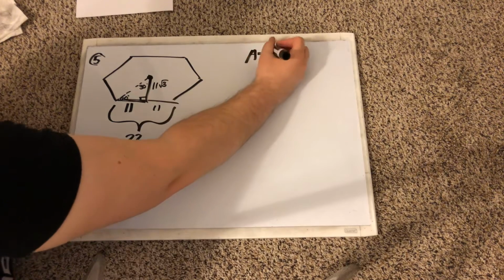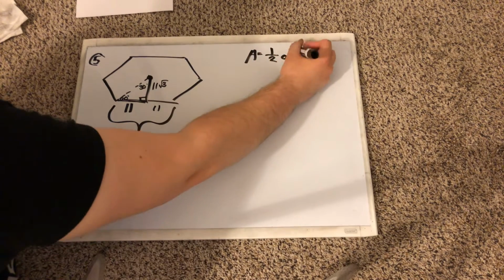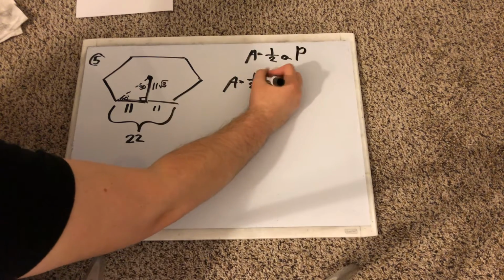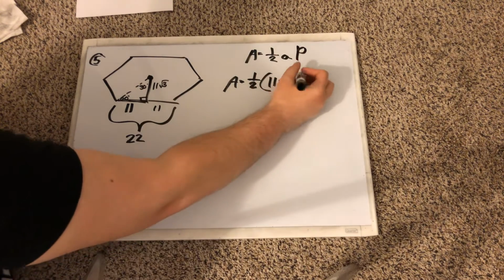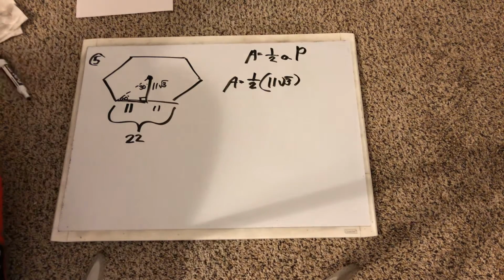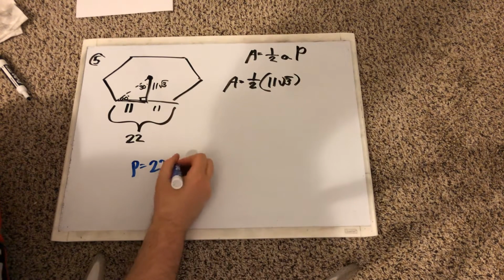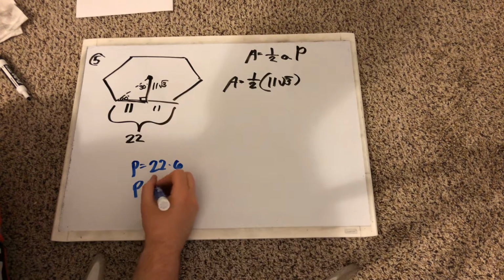So area is 1/2 times the apothem times the perimeter. The apothem we know is 11 square root 3, and the perimeter, which we can figure out by doing 22 times 6, is 132.